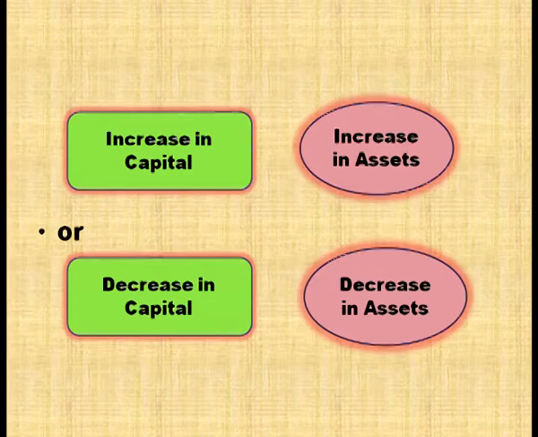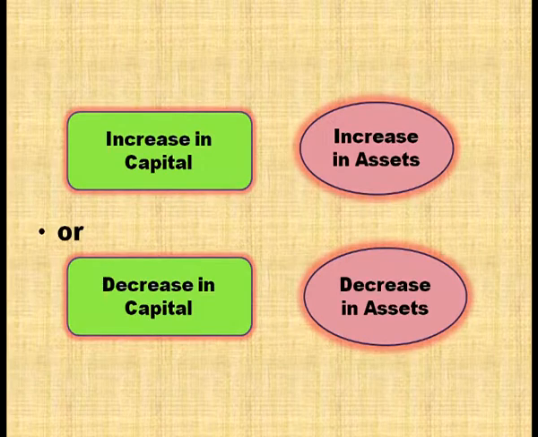In the accounting equation, in every transaction there will be either an increase in capital or increase in assets, or decrease in capital or decrease in assets. It can appear in any of these 4 combinations. Sunil withdrew cash for personal use rupees 5,000.